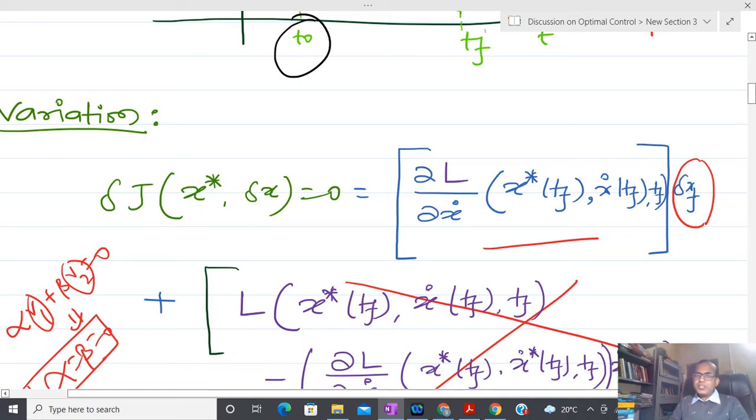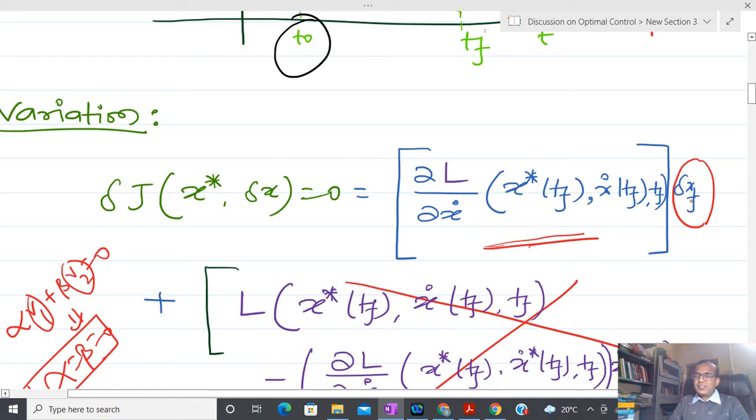Yes, initial time is 0. So here in this expression, what kind of modification comes into the picture? In this case, delta xf is 0. So here in place of xf, now I am going to replace x0, that is, the initial.